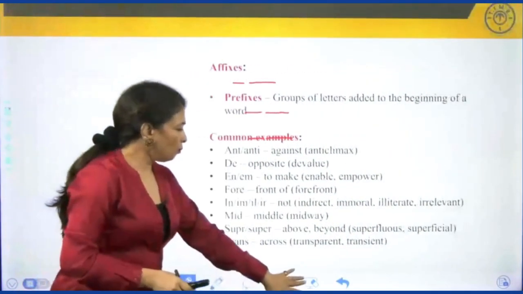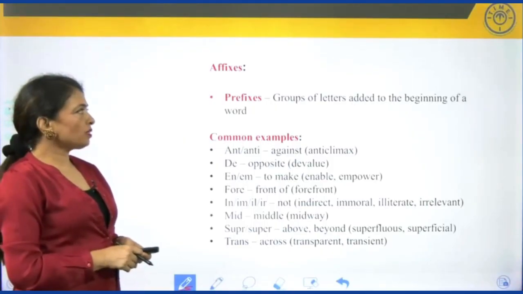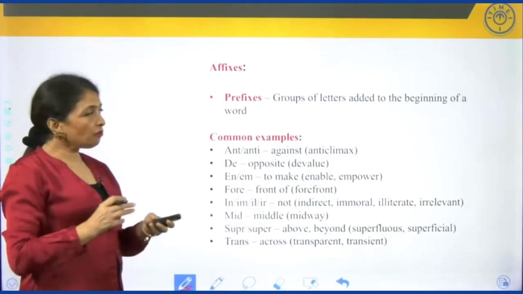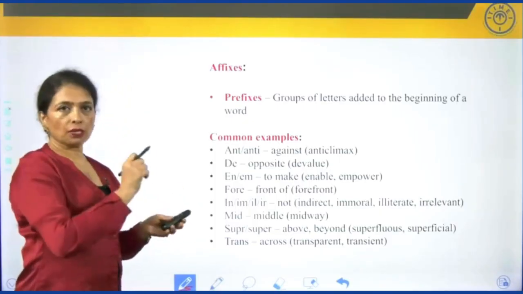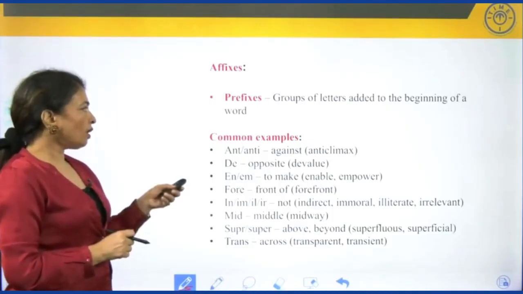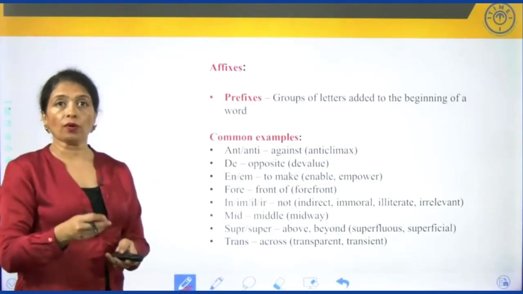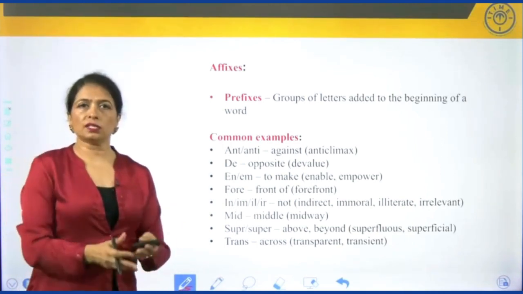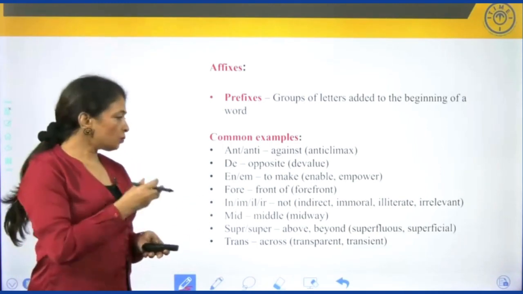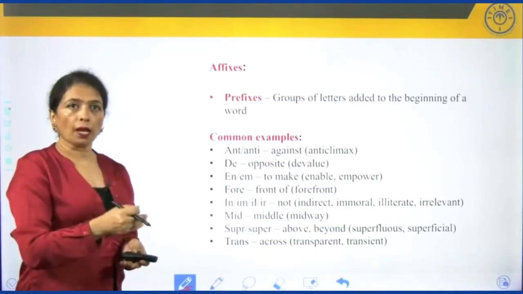Okay, now more on affixes. We come to prefixes. I've already told you that prefixes are groups of letters added to the beginning or the start of a word. Now we have a few very common examples of prefixes. You certainly know a lot of words that have prefixes. This will help you identify them, focus on them, stop and consider them.